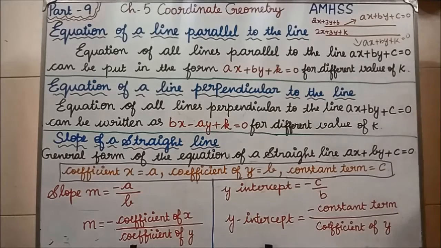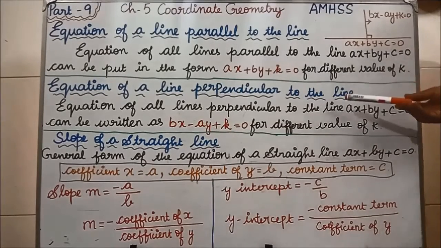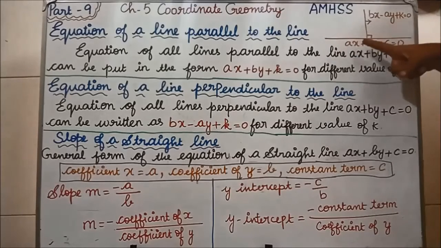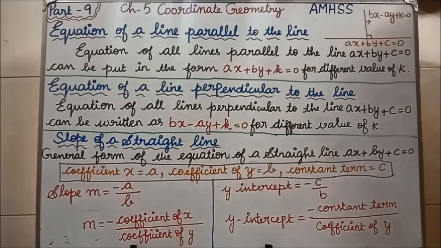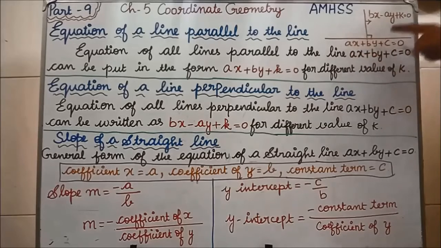Next, we will see the equation of a line perpendicular to the line. Students, the second one is perpendicular. This is our straight line. Straight line equation is ax plus by plus c equal to 0. To this straight line, if any line is perpendicular, how will that equation be? The b coefficient, the y coefficient, will go to x, and the x coefficient will come to y.